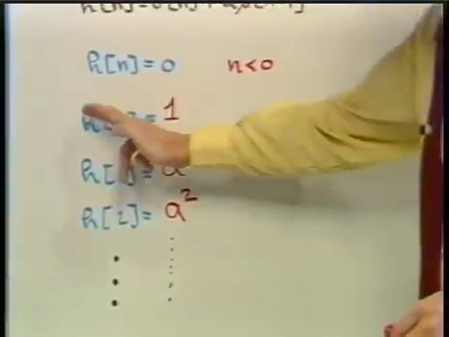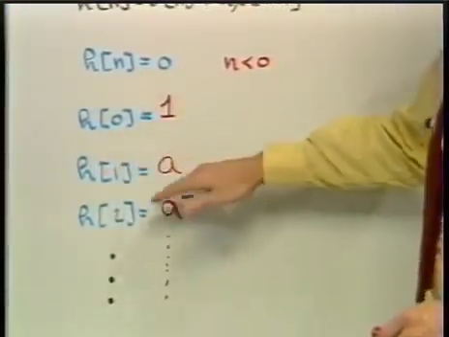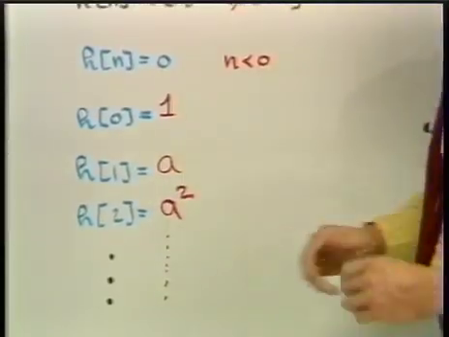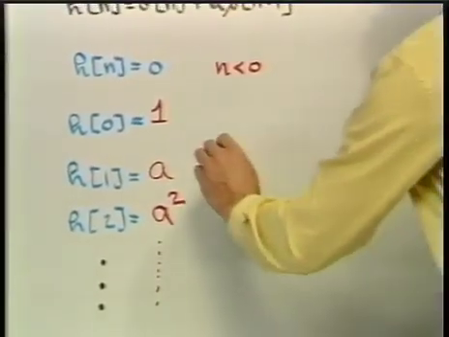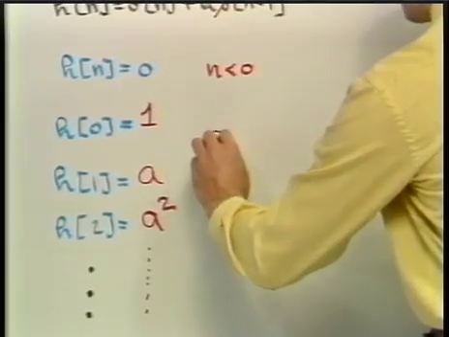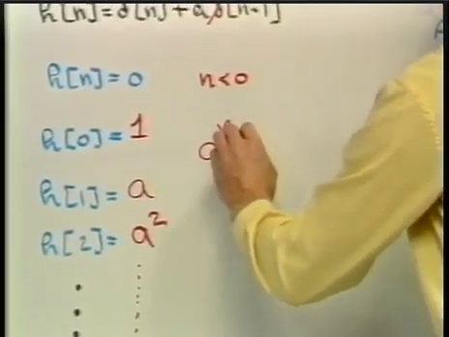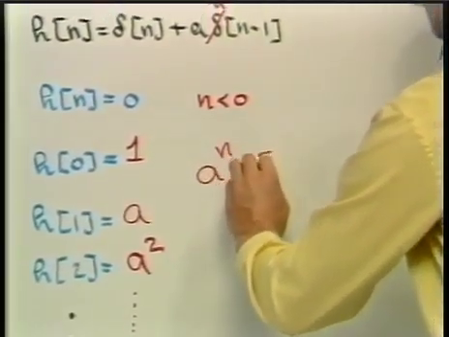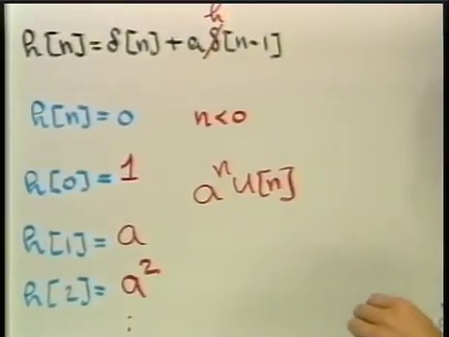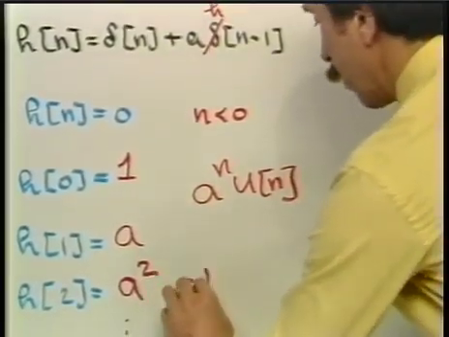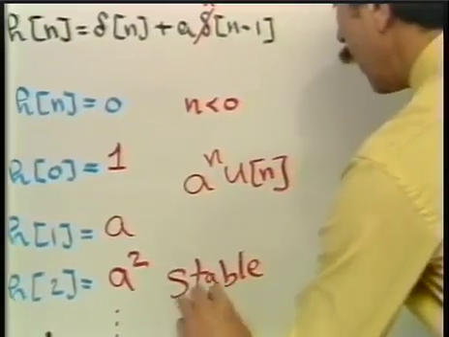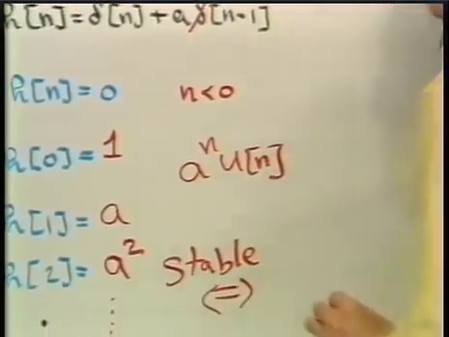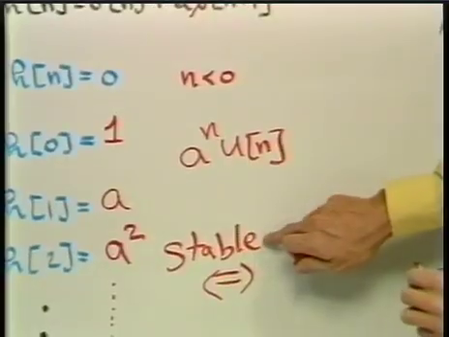And in fact, what we can recognize by looking at this and how we would expect these terms to build, we would see that the impulse response, h of n, in fact, is of the form a to the n times u of n.